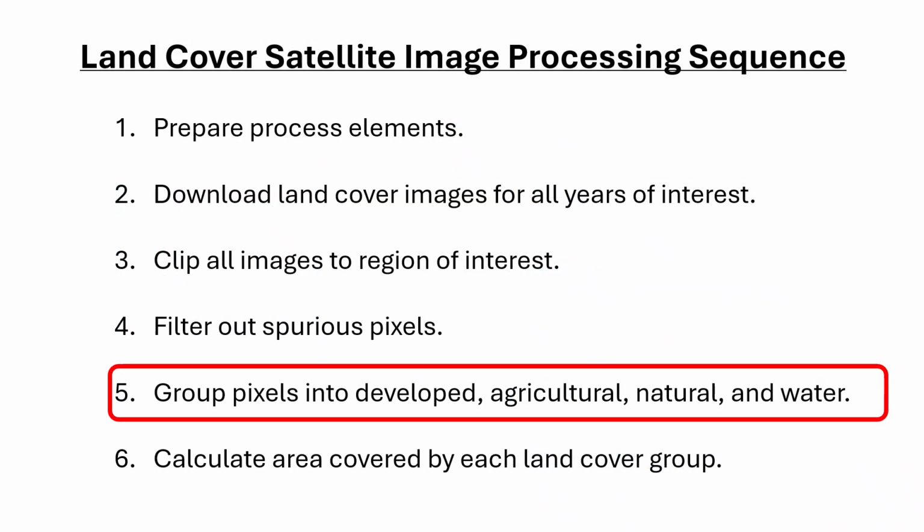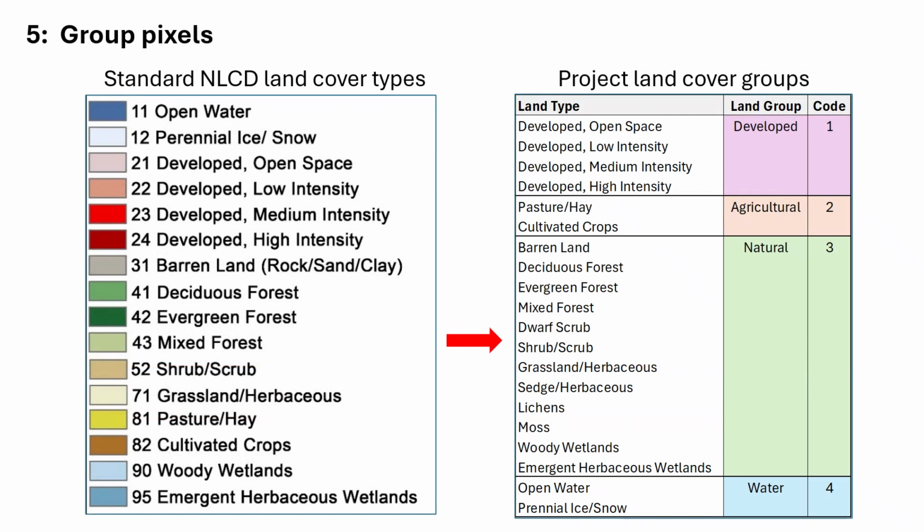Now we will group these standard NLCD land cover types into developed, agricultural, natural, and water groups. NLCD land cover satellite images are classified according to 16 types. For this project, these types are consolidated into developed, agricultural, natural, and water groups as shown.